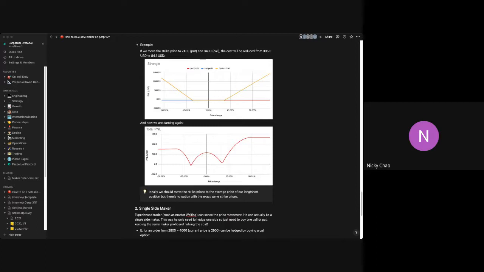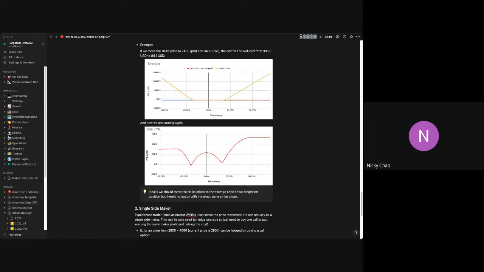Okay, Philip. I'm curious if there will be an optimized config for the P&L, and if so, can all this process be automated? I'm actually not sure.